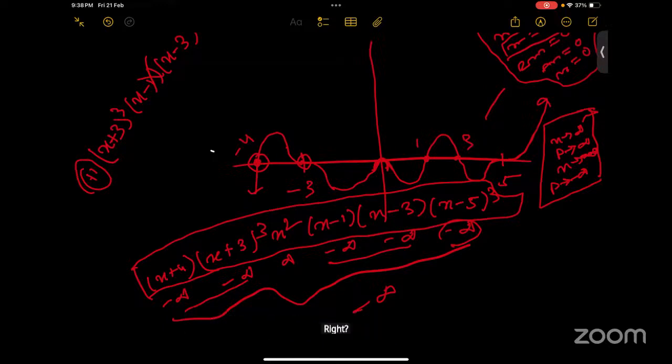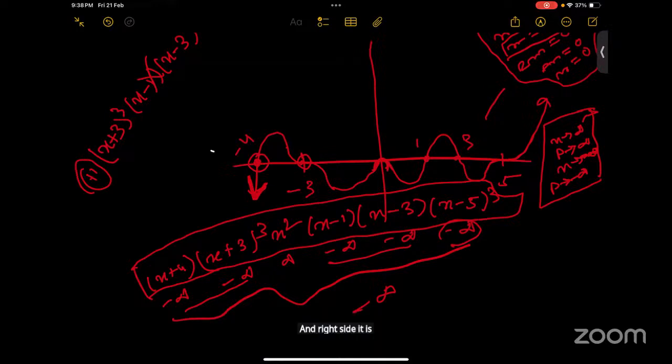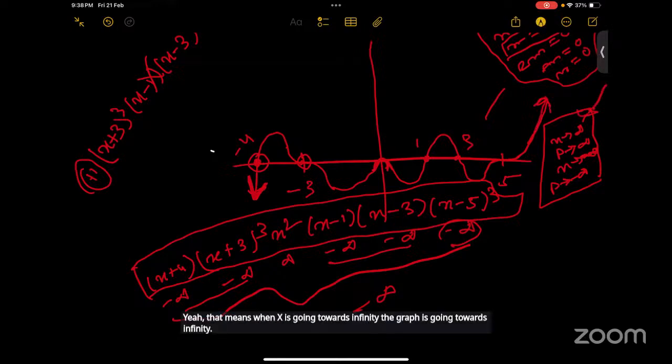See the graph here. The end of the graph is going towards negative infinity. And on the right side it is going to positive infinity. That means when x is going towards infinity, the graph is going towards infinity. So this is the end behavior from the graph.